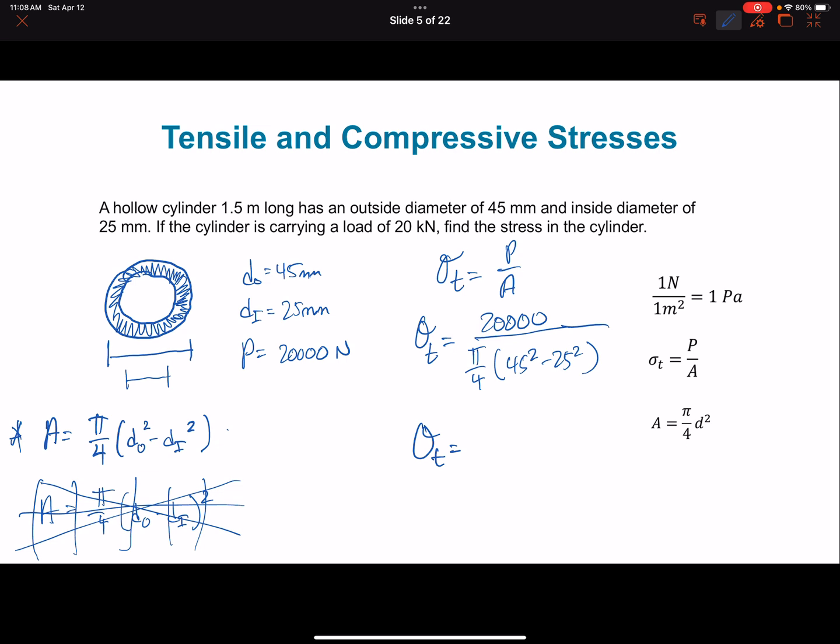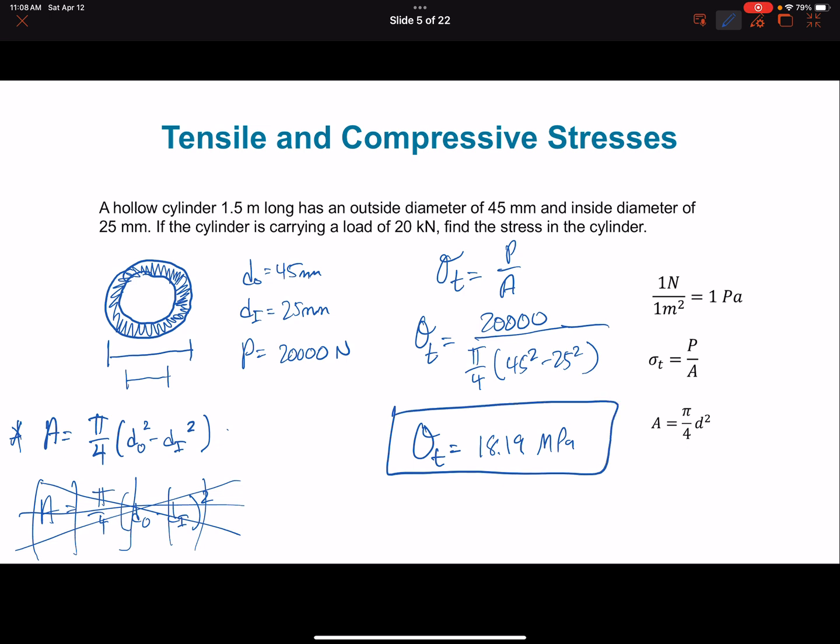And that gives me an answer of 18.19 megapascals.